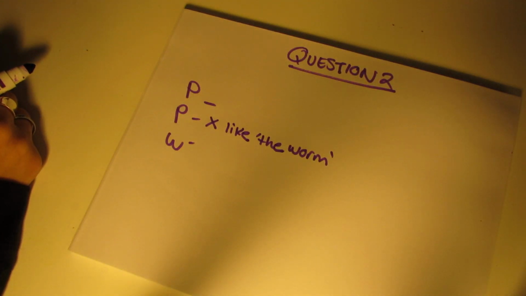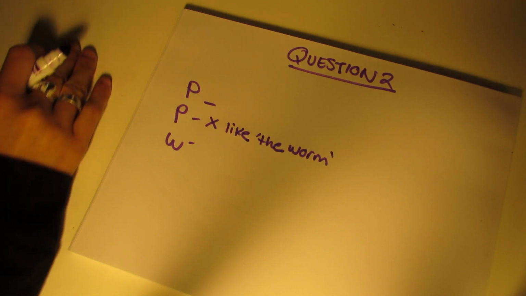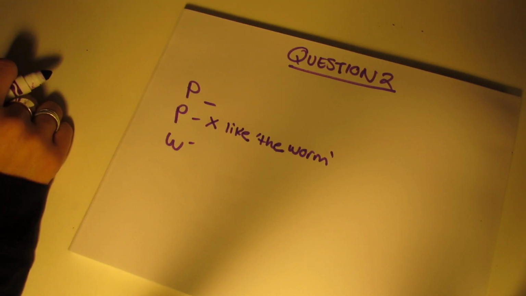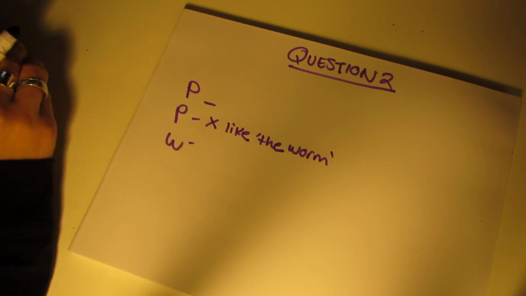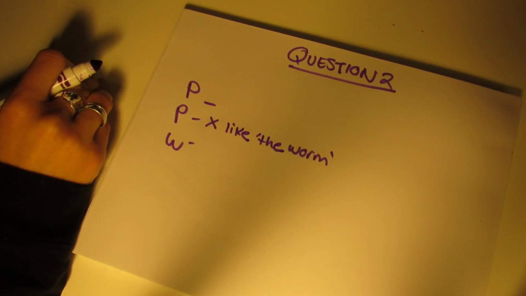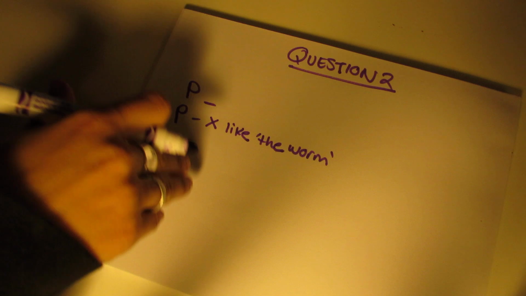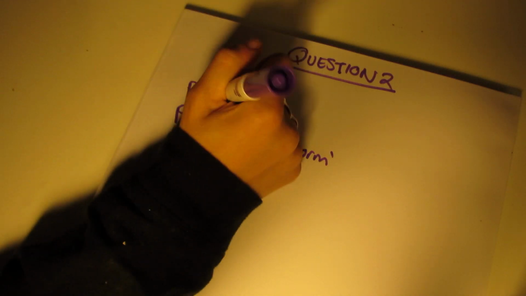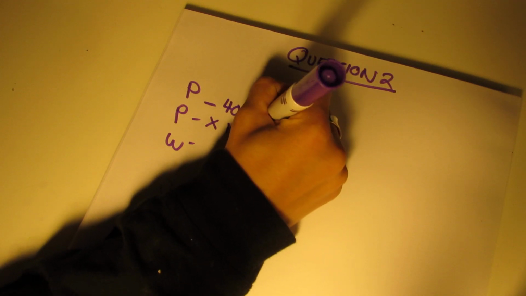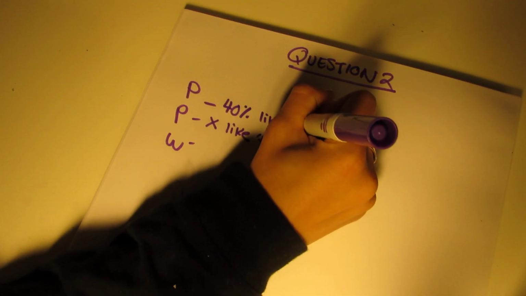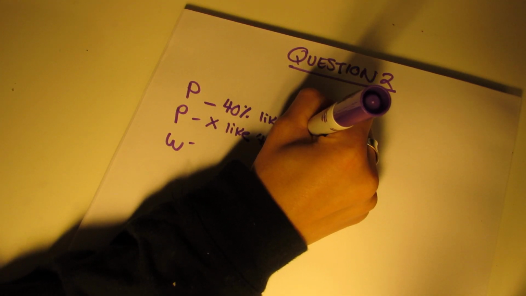All right. It also gives you two pieces of information additional to that. It says 40% of the 35 students like the dance move, ride the pony. Okay? If that's saying 40% like ride the pony, that means that's my percent that I'm given. 40% like, oops, sorry.